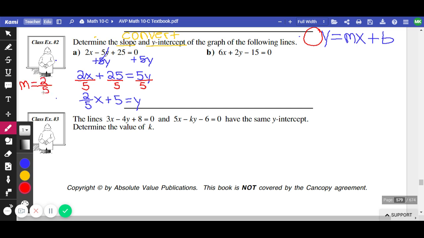And the y-intercept is at 5. Now I've answered my question. I've answered my slope and I've answered my y-intercept.